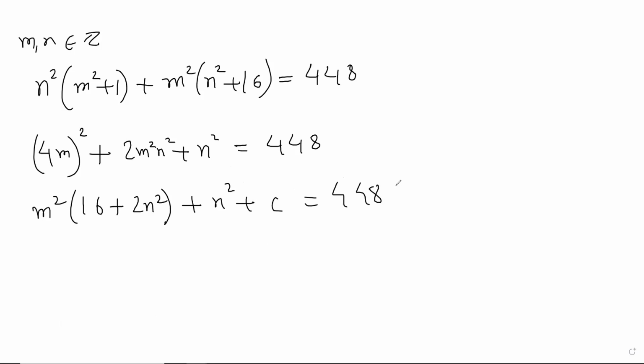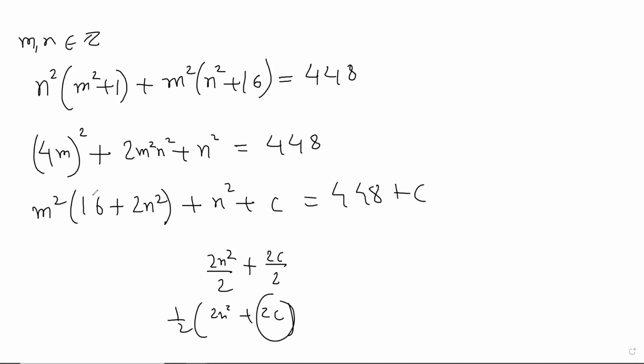You have this n square plus c, and it means you want 2n square. So you do this, then take half common, and find the c. The 2c should be 16, so c should be 8.